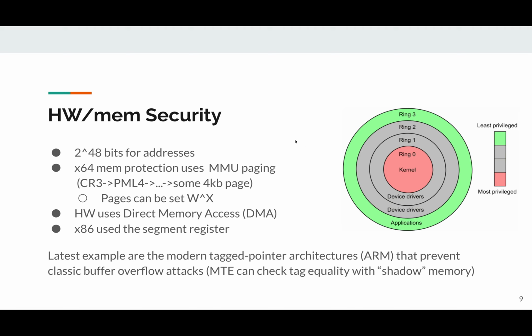And when we have an x64 CPU, an x86-64 CPU, we know that it has 64 bits worth of addressing. That's what we say. So you expect that you'd have 2 to the 64 possible memory addresses that you can work on at any given time.